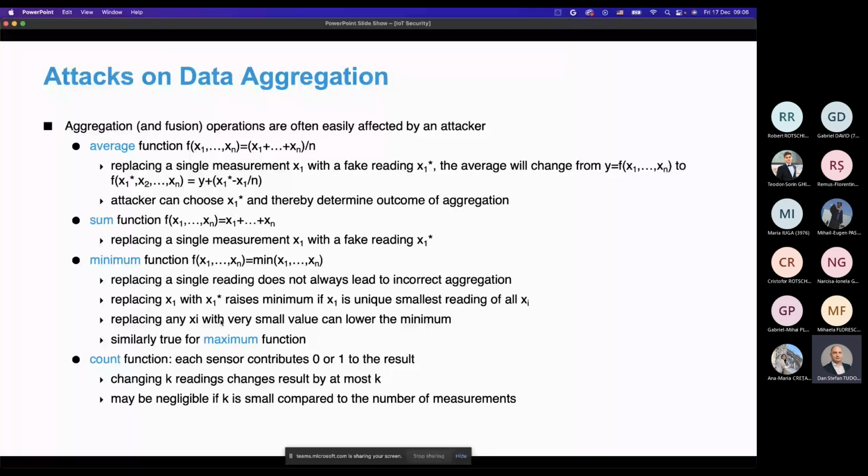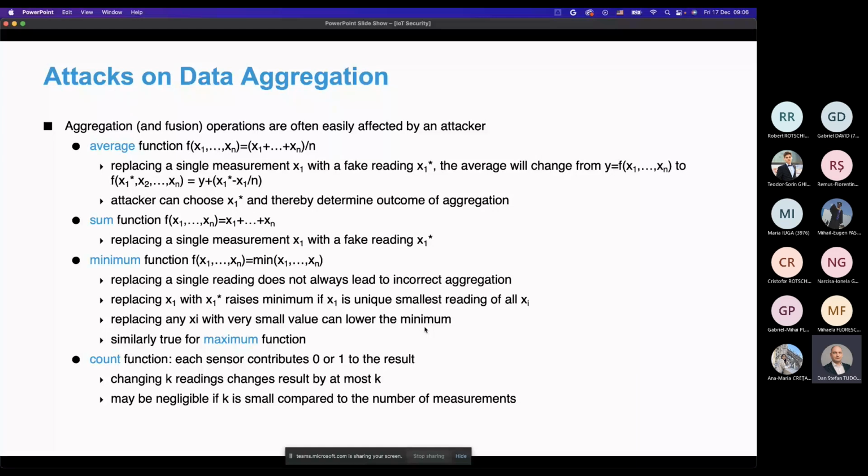If you count, for example, readings from a sensor, each sensor contributes to the result. Just by changing the number of readings, you change the result by at most, I don't know, k in this situation. So data aggregation schemes usually need to be employed over an encrypted communication channel.